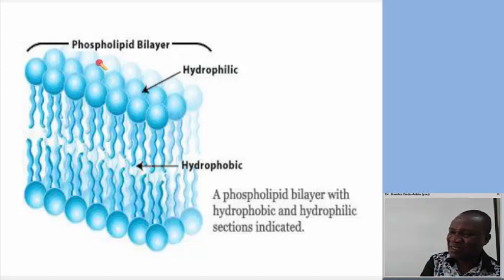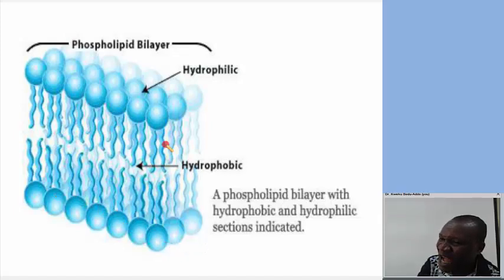Now this is a layer of phospholipid. That's a layer of phospholipid. Because the tails are hydrophobic, meaning they hate water, they are sandwiched between the hydrophilic, water-loving heads. So this is the head, this is another head.